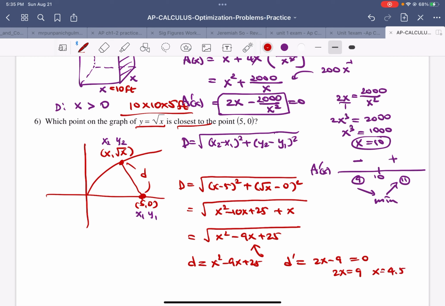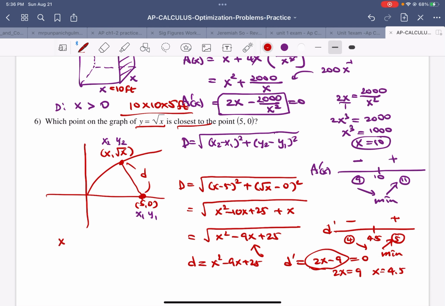Now, how do you know that's a minimum, right? So you can check d prime around 4.5. So you use like 4 or 5 into here. So if you use 4, that's negative. Use 5, that's positive, going down and up, so you have a minimum. Okay, let's talk about domain.